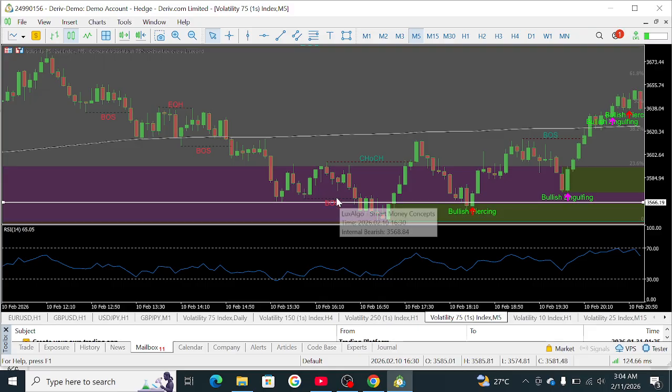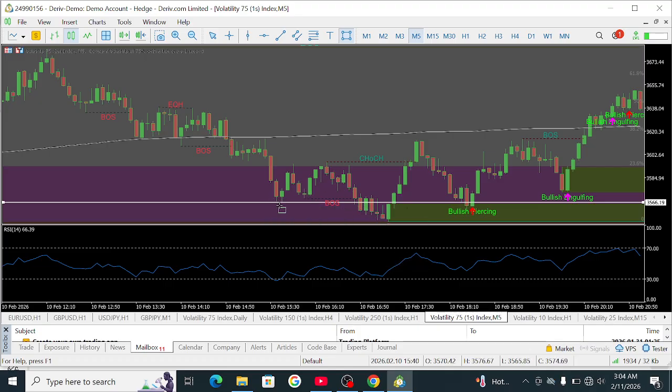Now it gives us another bullish breaker. Look at it. The bullish breaker started from here. So now, as it breaks this lower high, and after it has broken this lower low, this liquidity void, it retraces back.